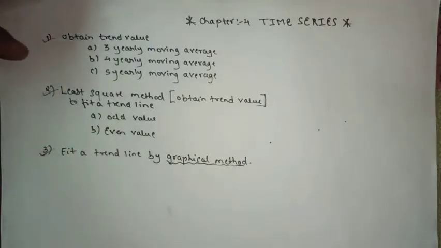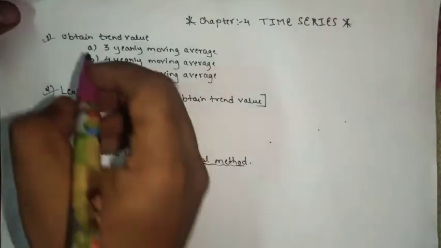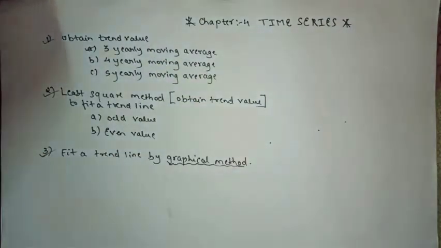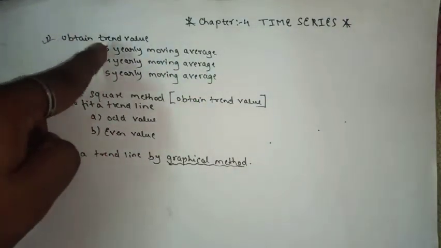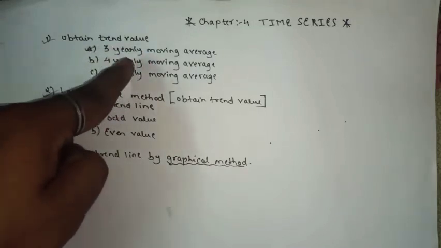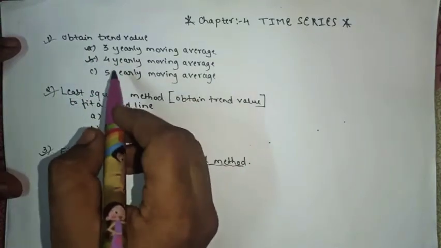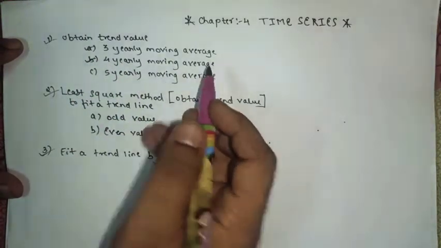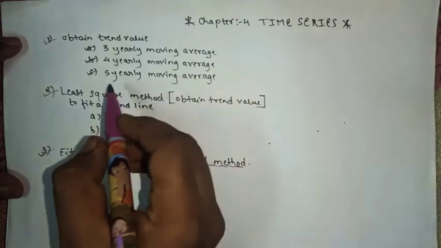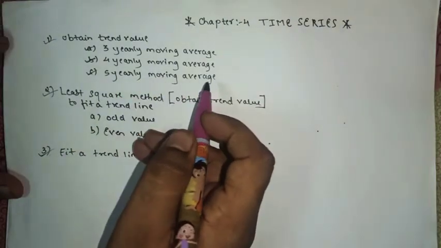Now in type number 1 there are three subtypes. The first one is to obtain the trend value for 3 yearly moving average, the second is 4 yearly moving average, and the third is 5 yearly moving average.